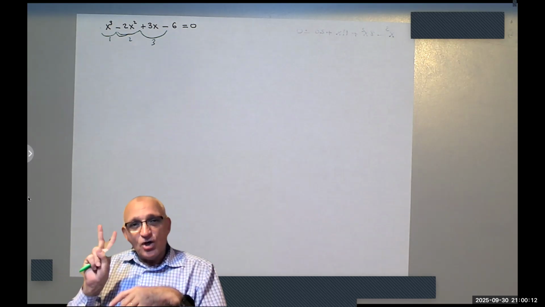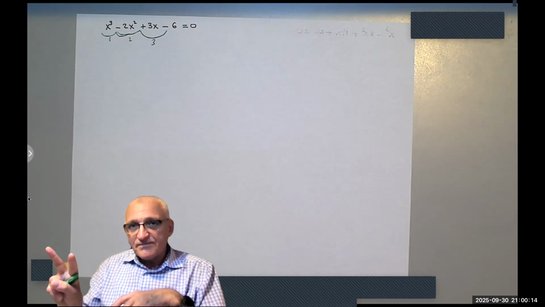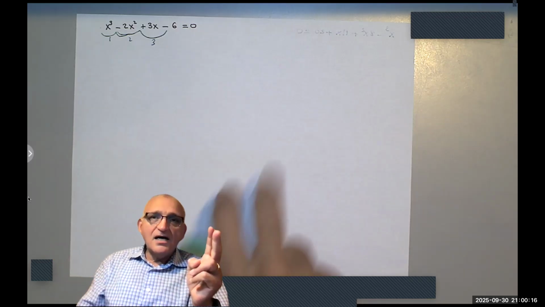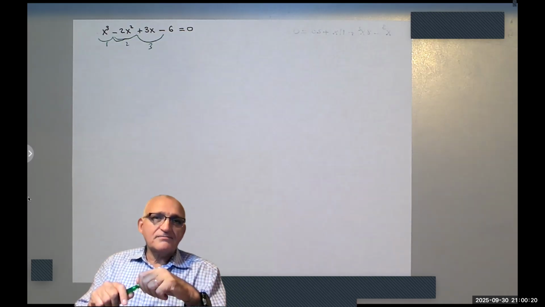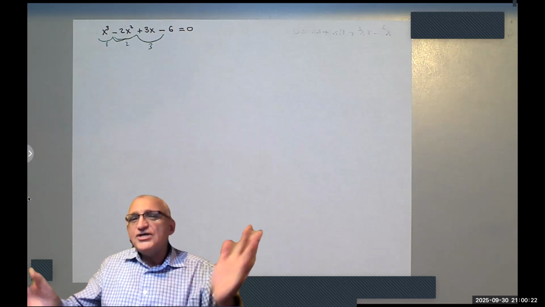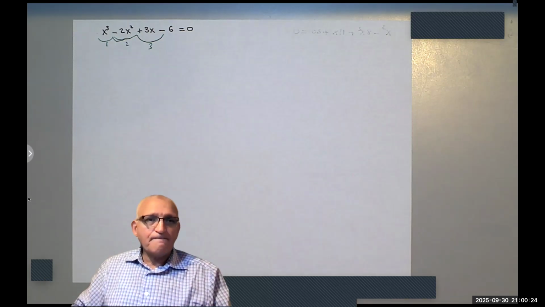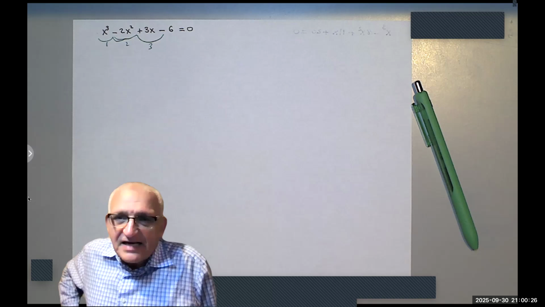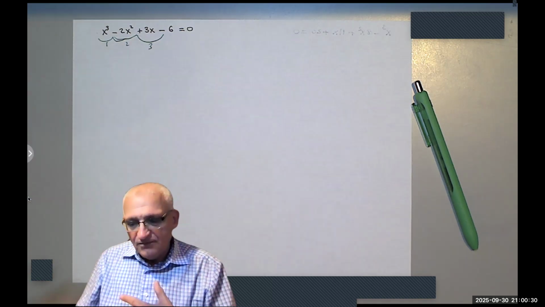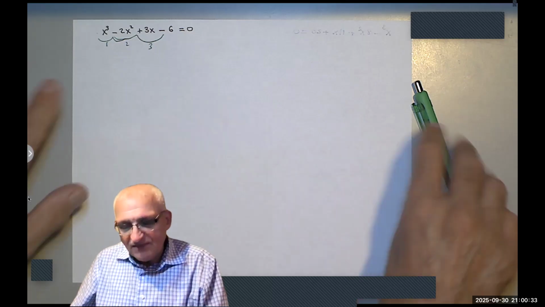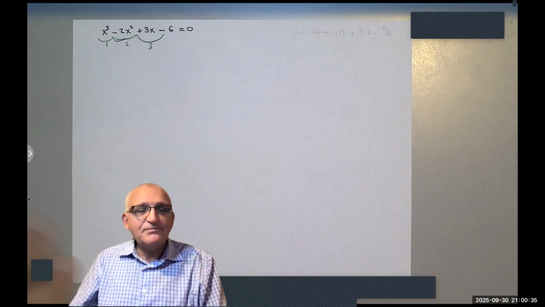Complex answers always come in pairs, and irrational solutions or roots always come in pairs. So definitely we have one real solution. That's how we check to see if you have a positive or a negative root that can be easily found.